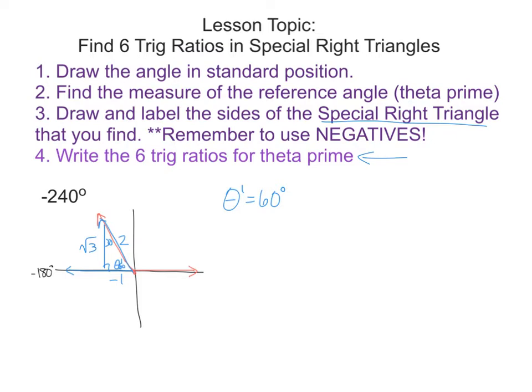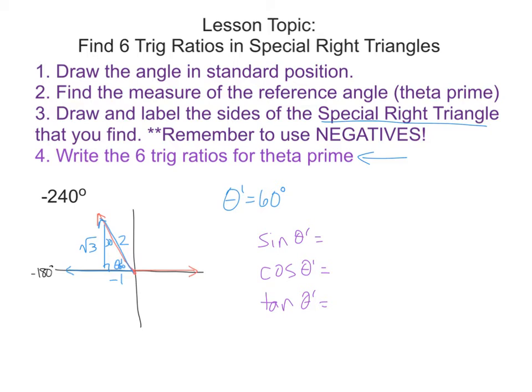Alright, so if we want to write sine of theta prime, cosine, and tangent, we can start there. Our sine ratio we know is opposite over hypotenuse.